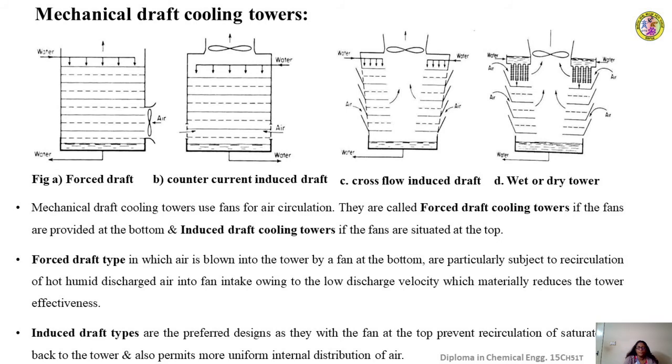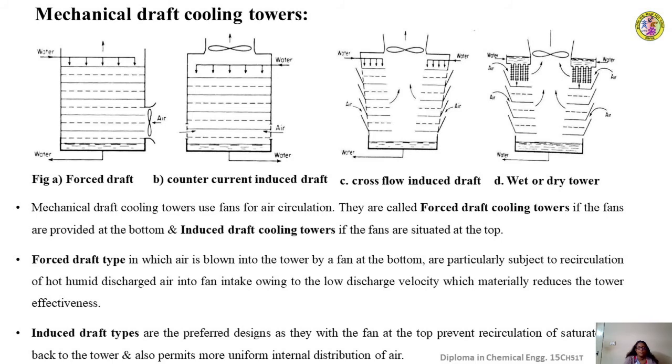So the cooling of water occurs in both a dry manner and a wet manner. That is, it comes into direct contact with air, meaning the air is getting wet with the water, so it is called a wet tower. In the upper part, the air is not in direct contact with water.